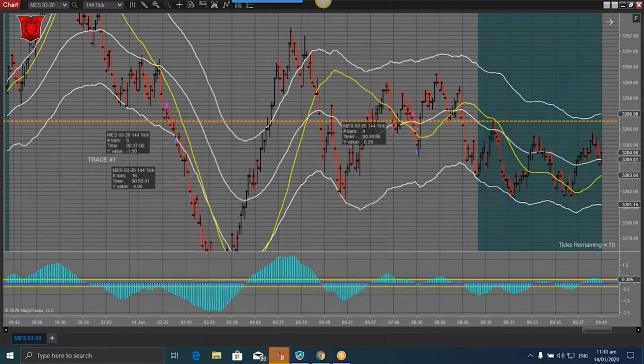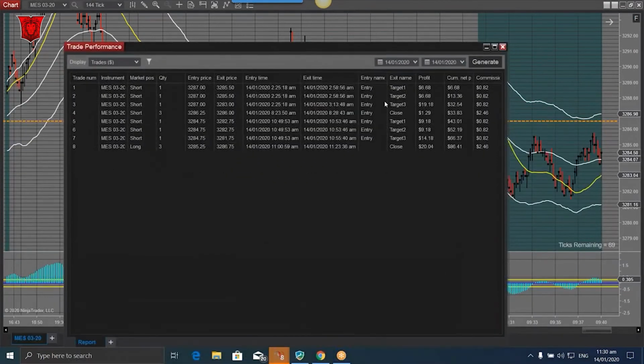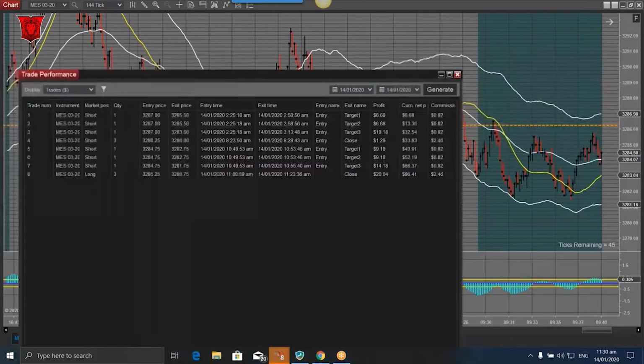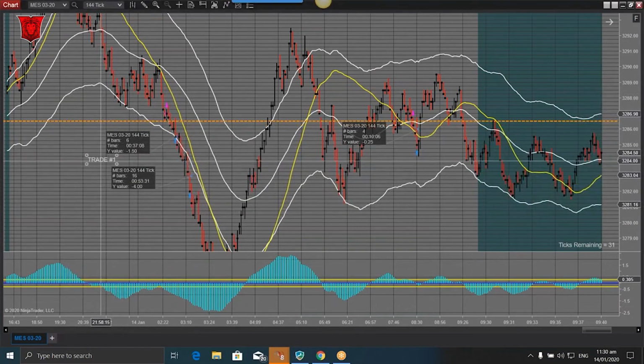So I'm explaining my trades here, just in case I can't get the recording. So right there, my next trade, which is right here, I closed at 1 tick, net profit of $1.29. And then, so this is trade 2. Right there is trade 2.